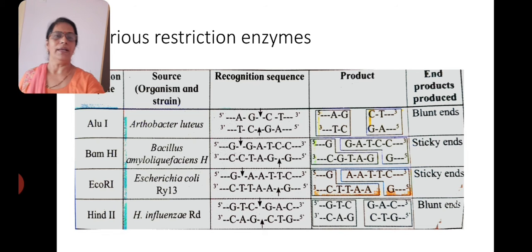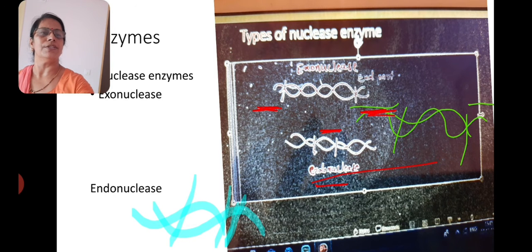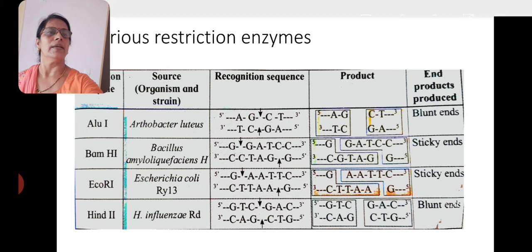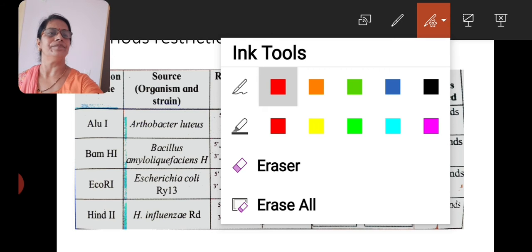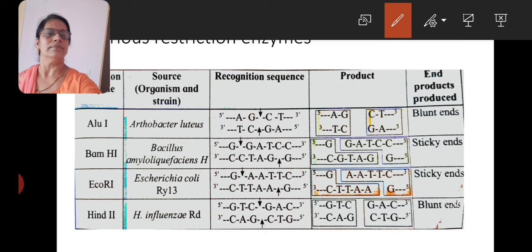For example, E. coli R1. E stands for Escherichia.